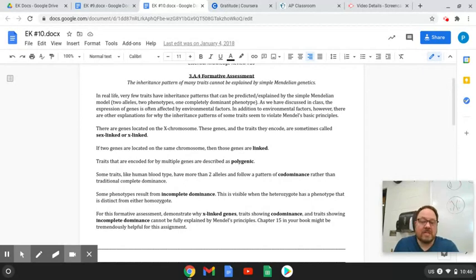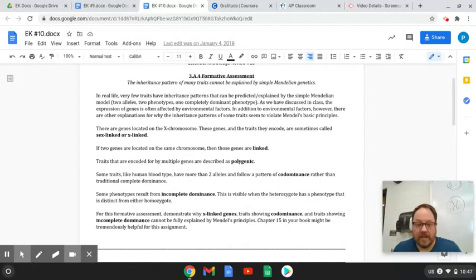All right, for this formative assessment, demonstrate why X-linked genes, traits showing codominance and traits showing incomplete dominance can't be fully explained by Mendel's principles. So again, Mendel was law of segregation: you have two copies, but only pass on one at a time. And independent assortment: how one set of chromosomes doesn't influence how other sets of chromosomes line up. But the issue is, when he was looking at stuff, he ended up picking genes that behaved as if they were on separate chromosomes, only had one gene influencing that particular trait, and there were just two versions, like purple flowers, white flowers, tall stems, short stems, that kind of business.